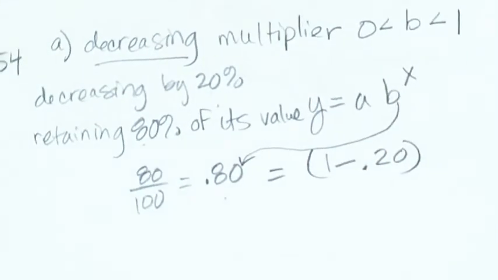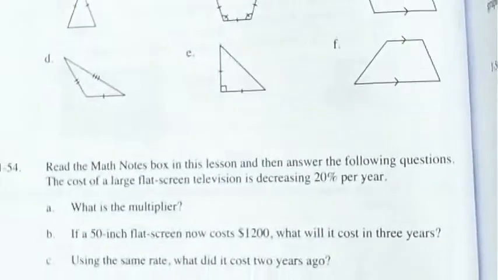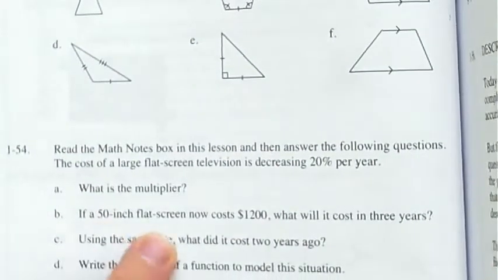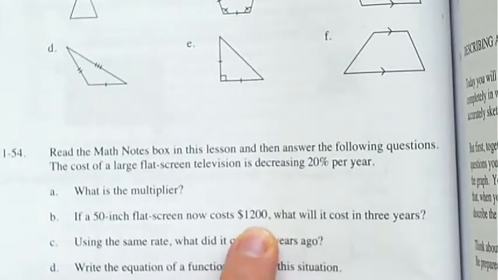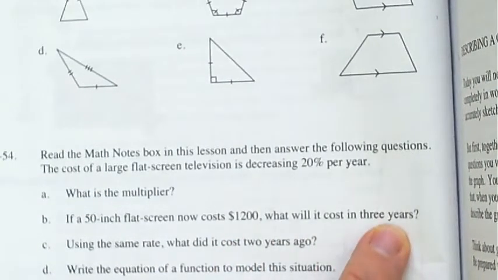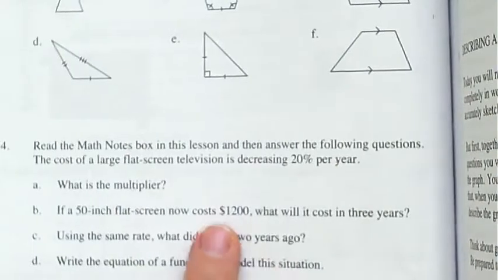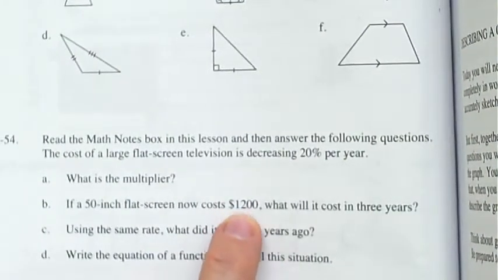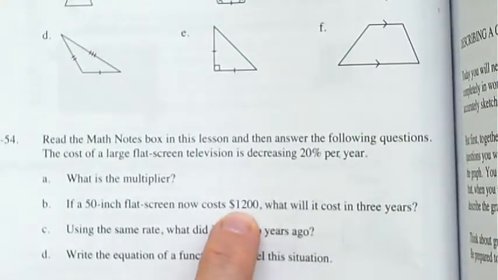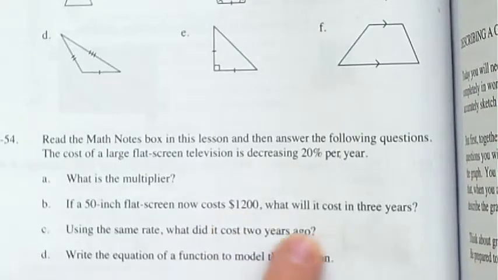Okay. Part B, if a 50-inch flat screen costs $1,200, what will it cost in 3 years? Okay, so the cost of a large flat screen is decreasing 20% per year. So they're giving us, this is my original cost. This is what I'm starting with, $1,200.